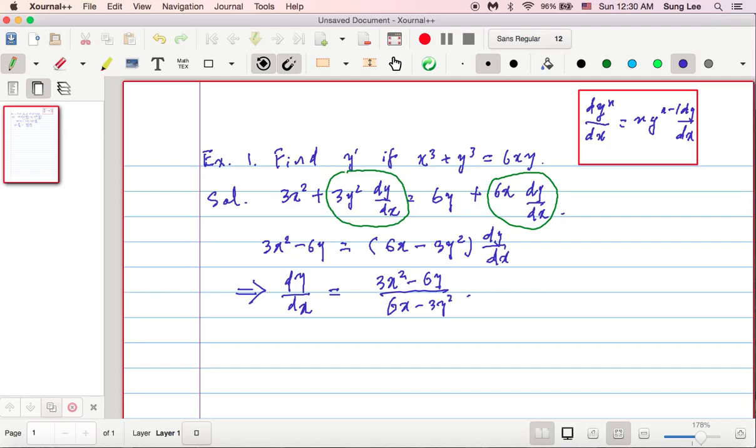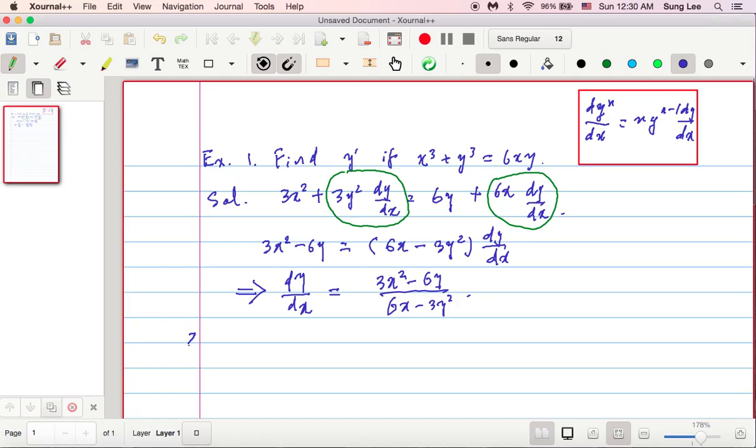Okay, so we found it. That's dy by dx. Again, this is an implicit function, right? In this case, we can't solve it for y, so you can't have dy by dx as a function of x explicitly. So this is the best we can write down.